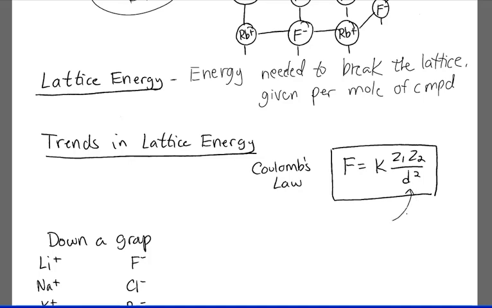D on the bottom is the distance between charged particles, which is the distance between ions. Z1 and Z2 are the charges on the ions. So we have rubidium plus and fluorine minus, so that's 1 plus and 1 minus, the charges on the two ions.